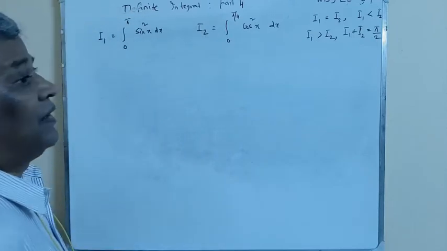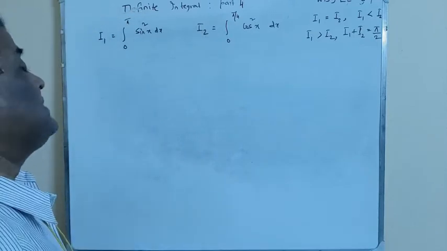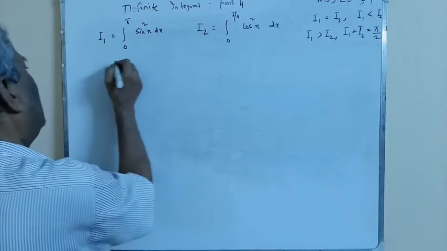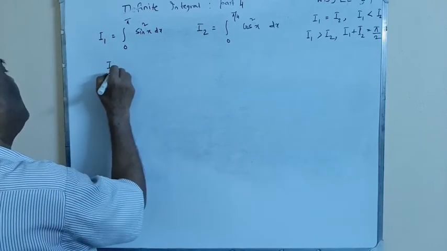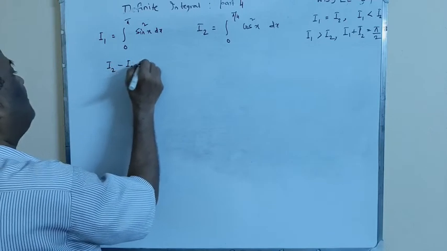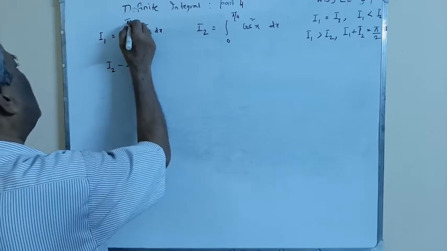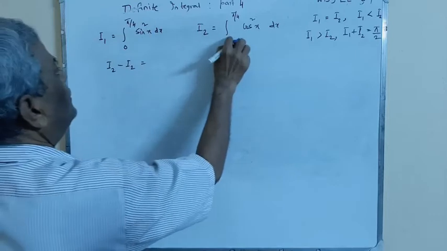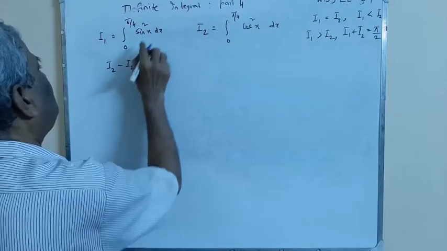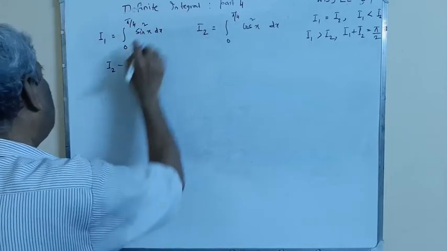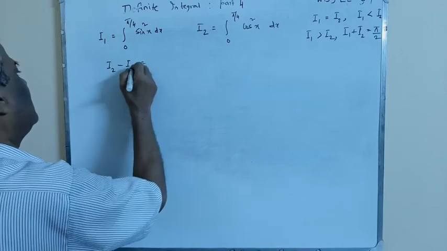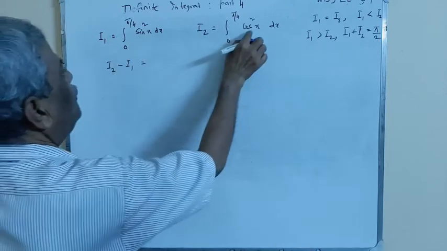Let us start from there. I2 minus I1. Limits are same, both are 0 to pi by 4. In I1 is this, I2 is that.